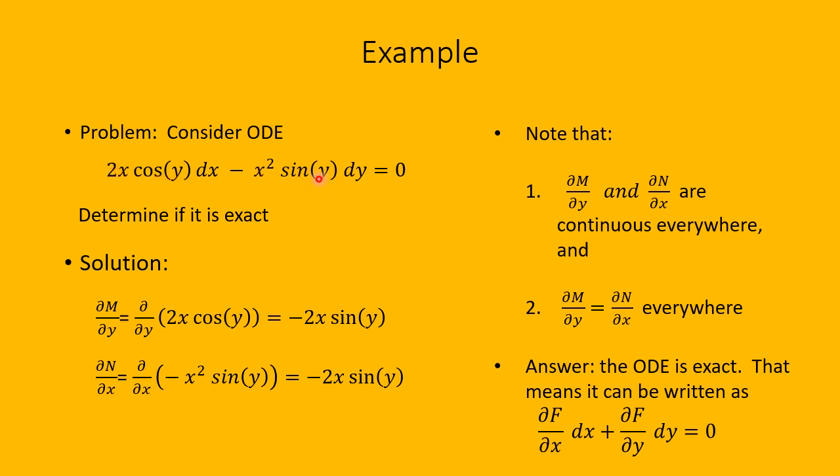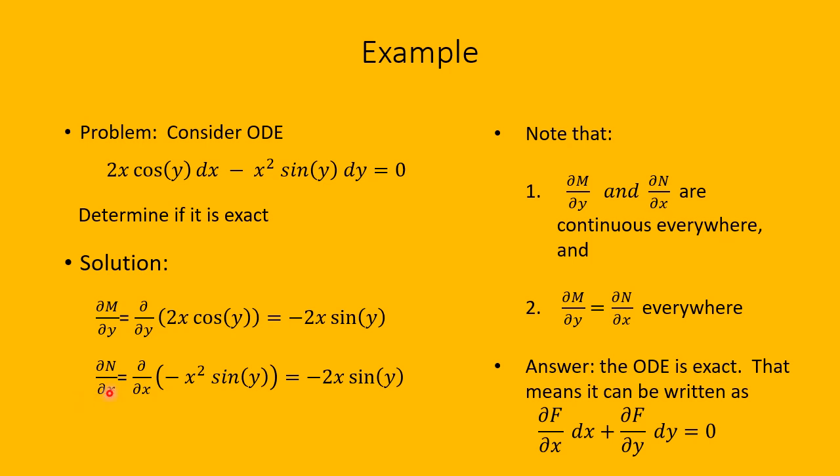We'll think of this stuff as N of x, y. So the first thing I'll do is look at the partial derivative of M with respect to y. So that's the partial derivative with respect to y of 2x cosine y, and that is minus 2x times sine y, since the derivative of cosine y is minus the sine of y.